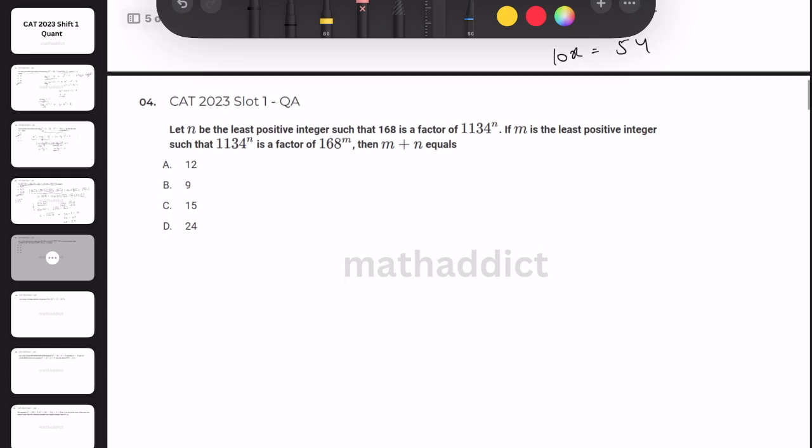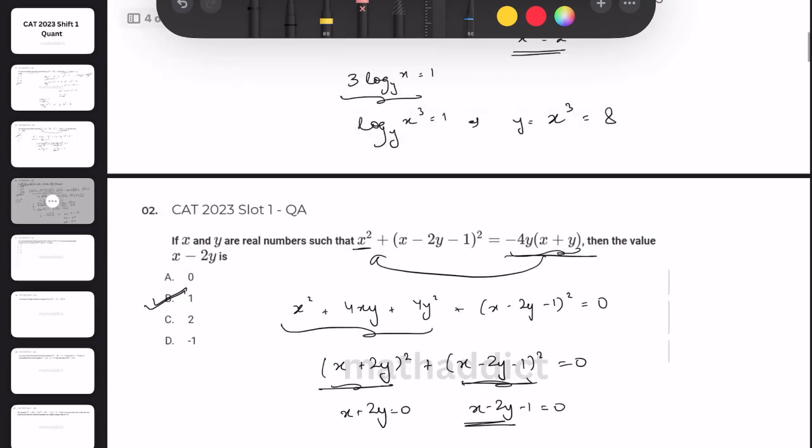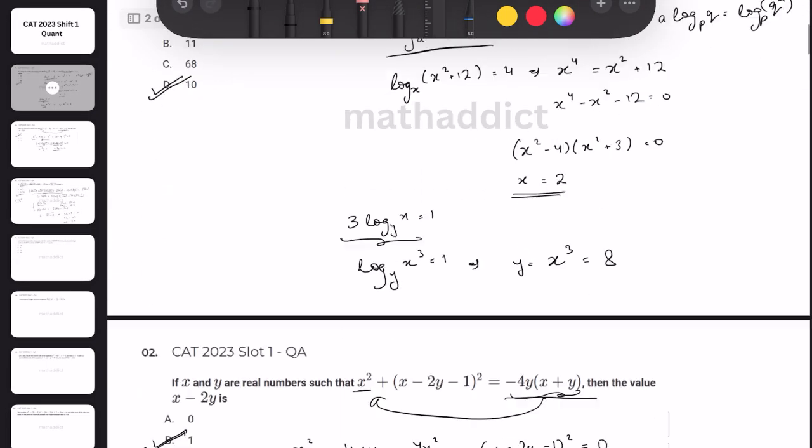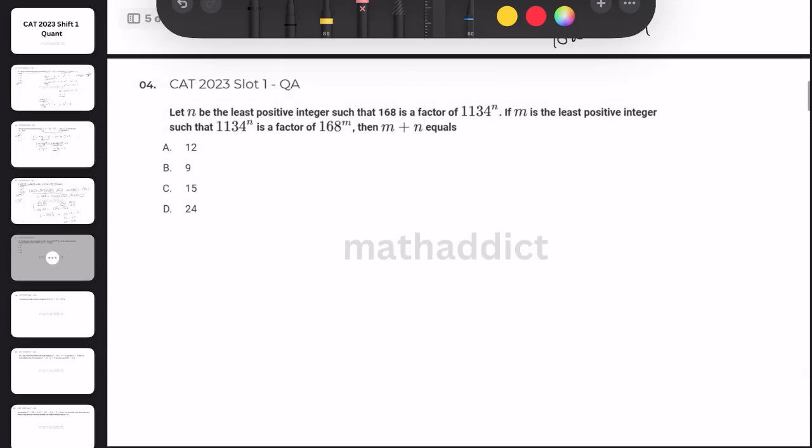For the next one, we'll have to first find the prime factors of both the two.